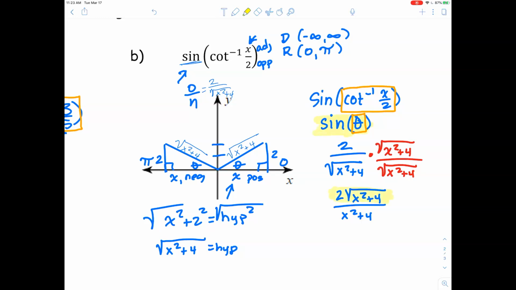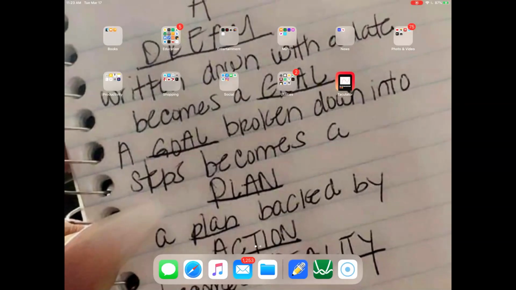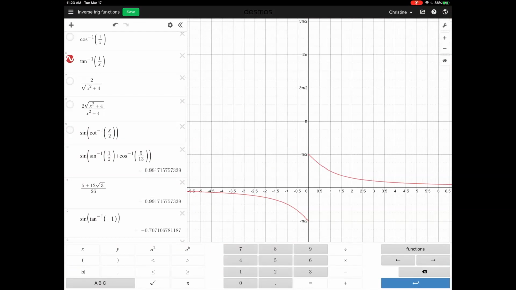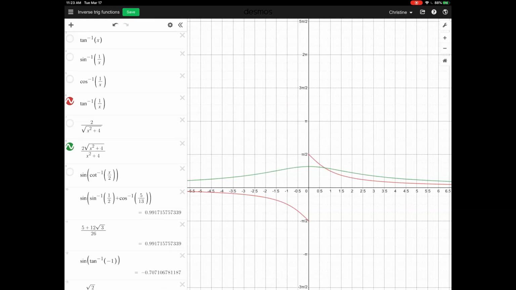So we just evaluated the sine of theta, which was our opposite over hypotenuse. Again, you can plug that into Desmos and actually see that that's true. So I think I already started to do that here. Okay, so let me turn this one off here.